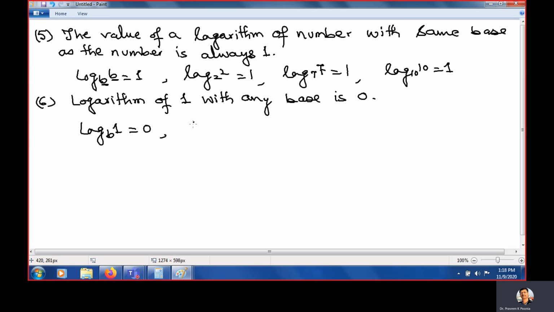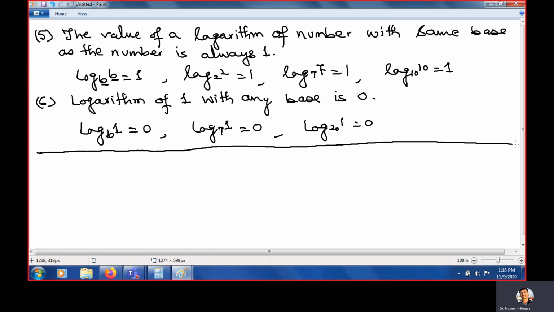For example, log of 1 with base 7 is 0. Log of 1 with base 20 is 0. So you choose any base, but log of 1 is always equal to 0.